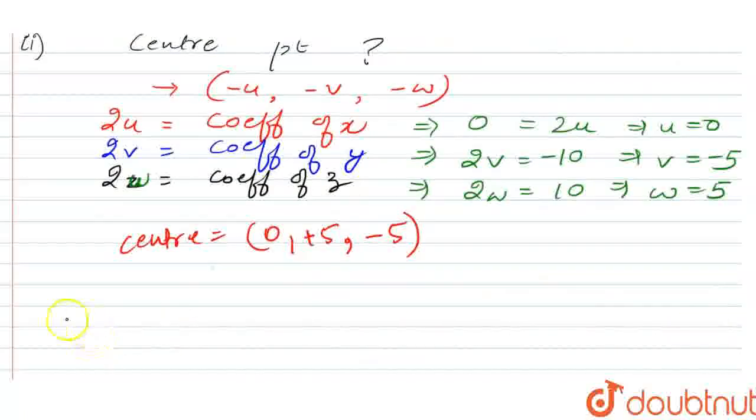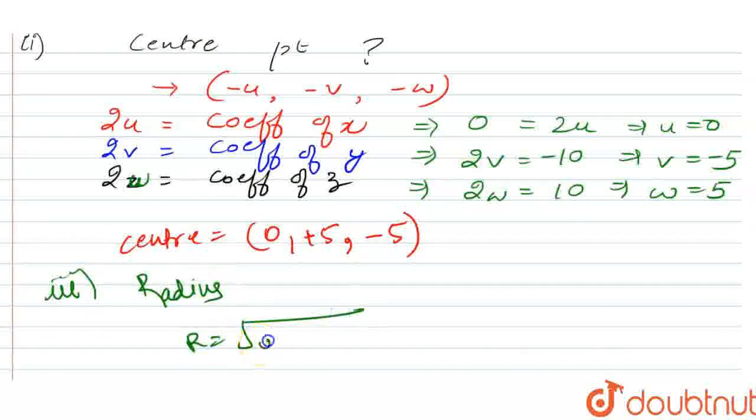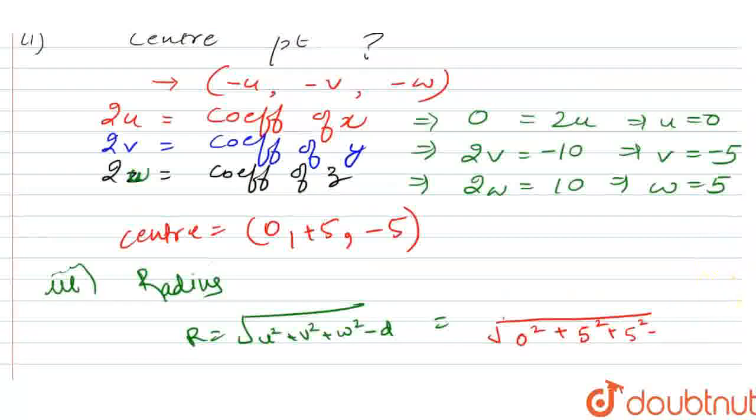And for the radius, we have a formula that r is equal to the square root of u square plus v square plus w square minus d, right? In this question we have u square equal to 0 square, v square will be 5 square, and w square will be minus 5 whole square, so it will become 5 square, and our d is 41.